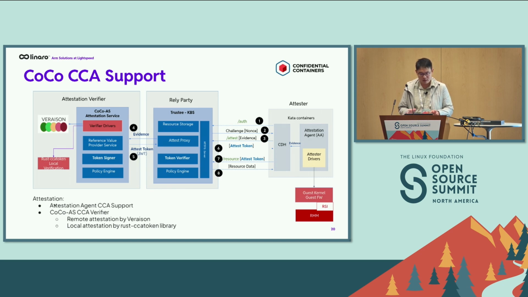In the attestation area, we can easily divide it into three parts of components. The first one, on your left here, is the attestation verifier, which on the Cocoa side is the Trustee. Previously it was Cocoa AS, but now it has been renamed to Trustee.